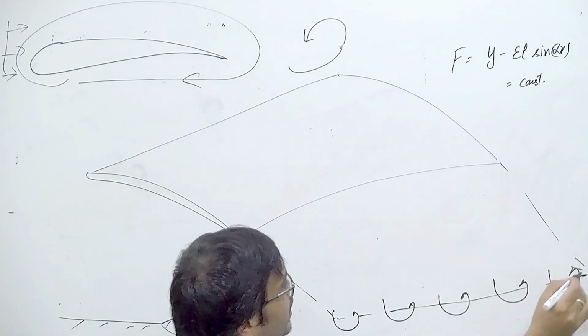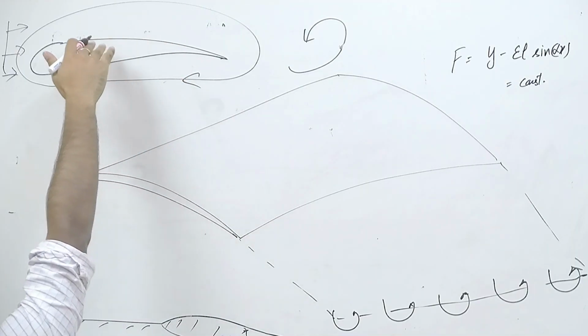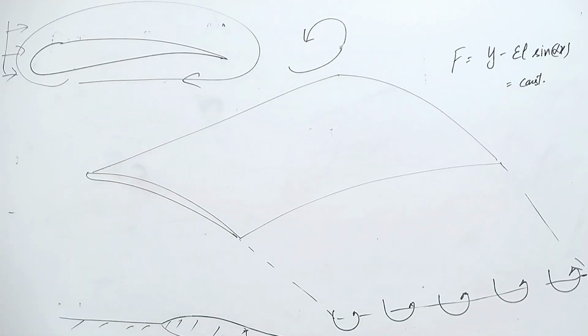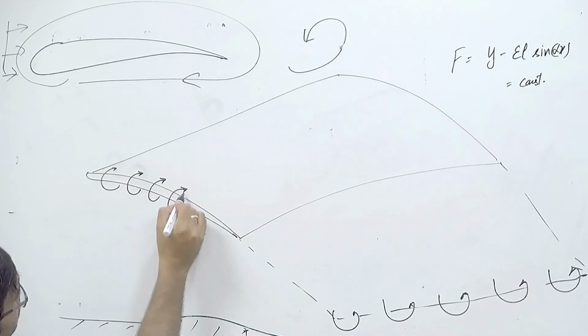Okay, there is a vorticity that is generated in the wake of these 3D wings because the pressure at the top surface is actually lower than the bottom surface. But due to there being a pressure differential, you actually have a circulation of flow from the tip of these wings also.